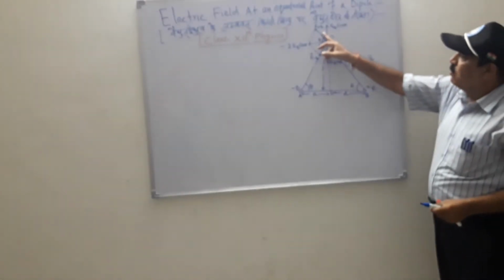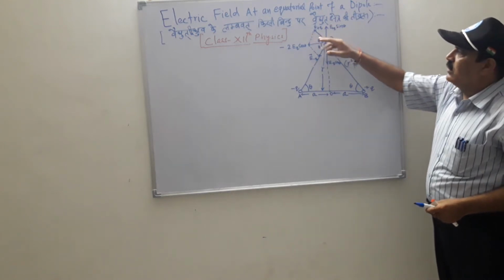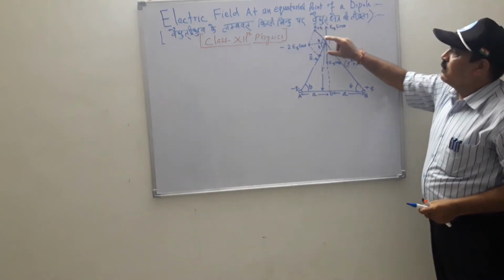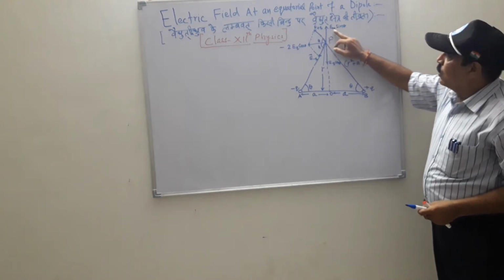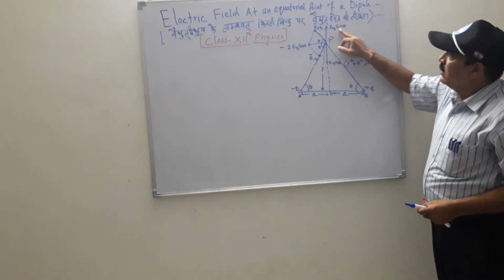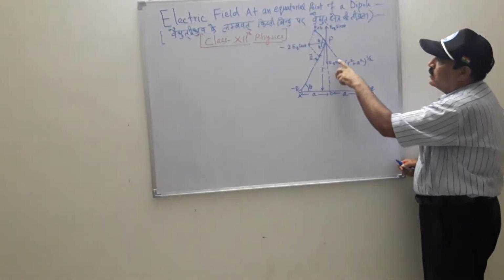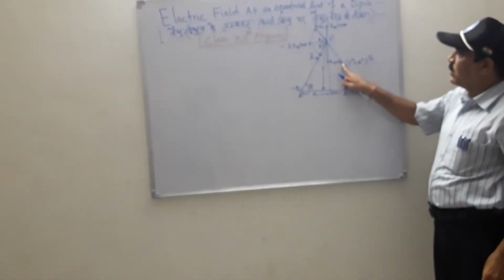Now we will resolve these vectors into perpendicular and horizontal directions. The vertical component of this E plus Q will be E plus Q sin theta, and the vertical component of the other will work downward, with the same magnitude, E minus Q sin theta.